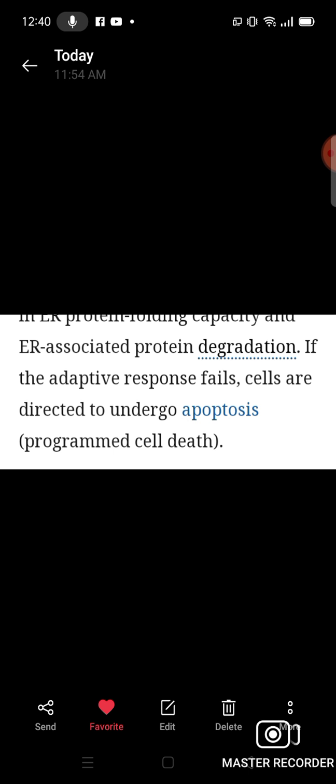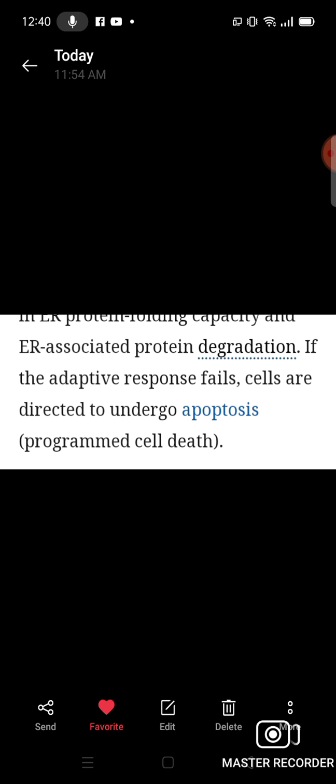If the adaptive response fails, cells are directed to undergo apoptosis. Suppose the adaptive response, which degrades or destroys the protein that has some sort of error, is also not working.